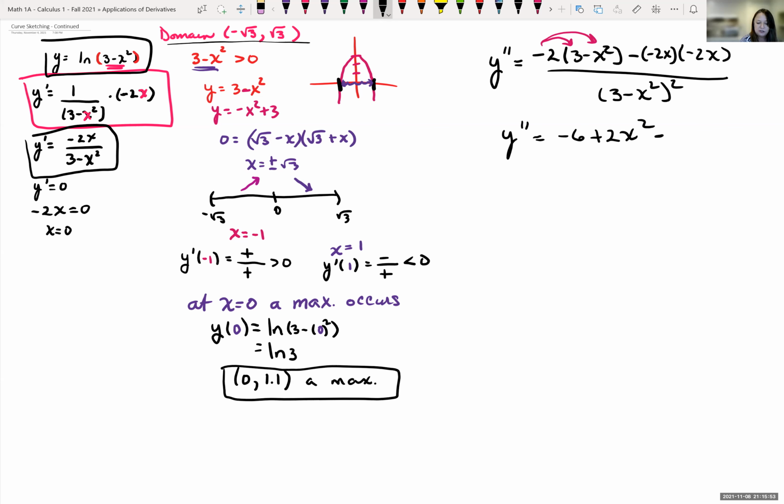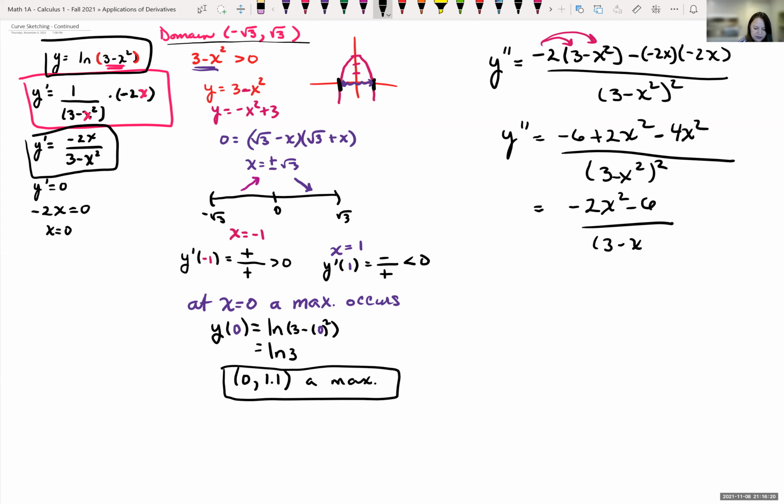And 2x times 2x is 4x squared, all over 3 minus x squared quantity squared. So cleaning this up just a little bit, we have 2x squared minus 4x squared is -2x squared minus 6, all over 3 minus x squared quantity squared.